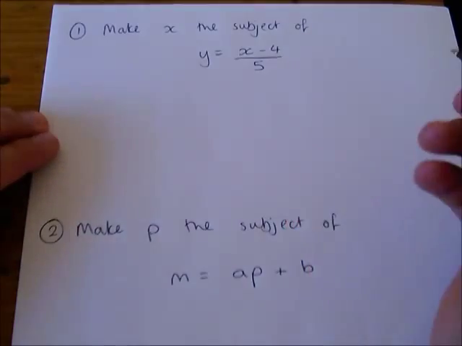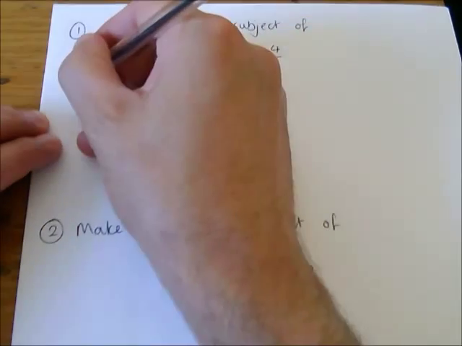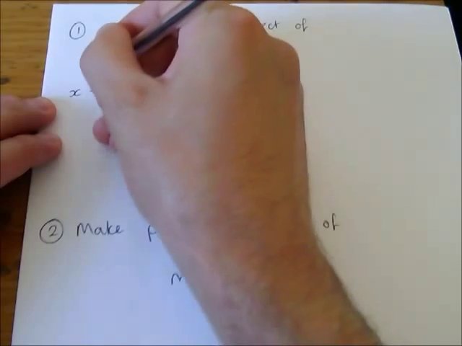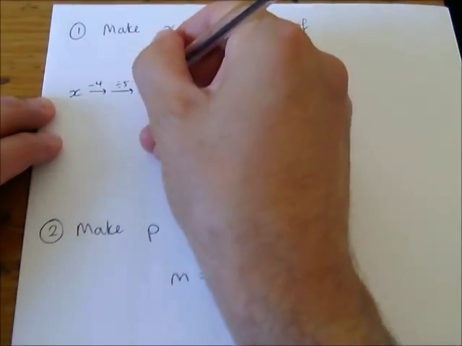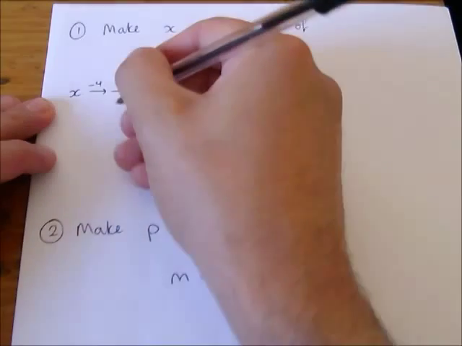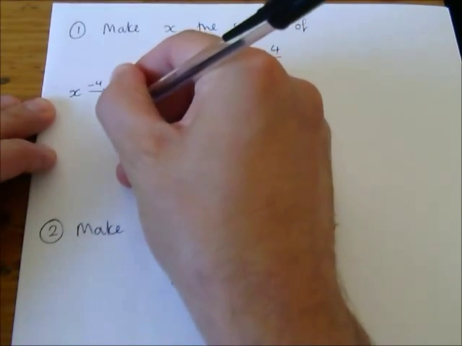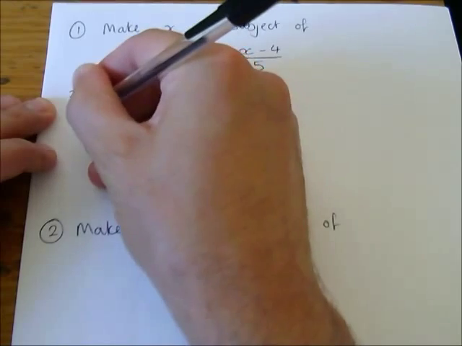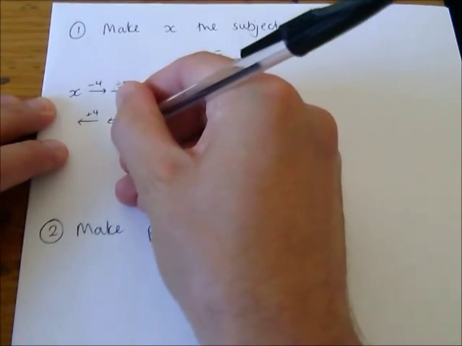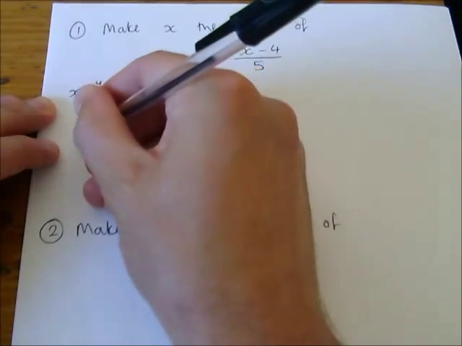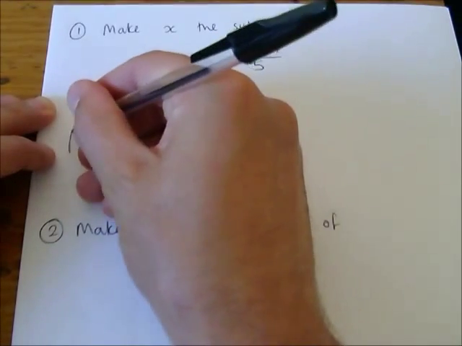Right, number 1 can be done in 2 ways. You could do a number machine, and then reverse it. So you get y times 5 plus 4 equals x.